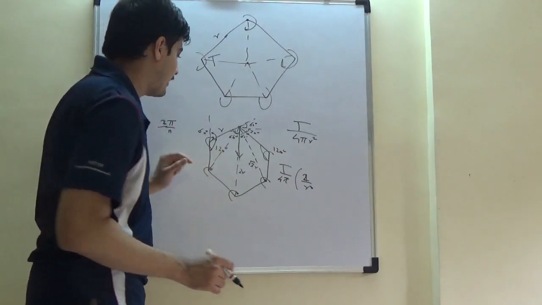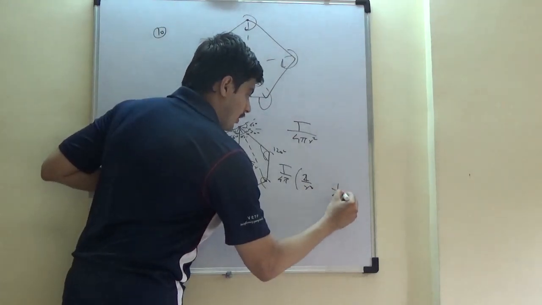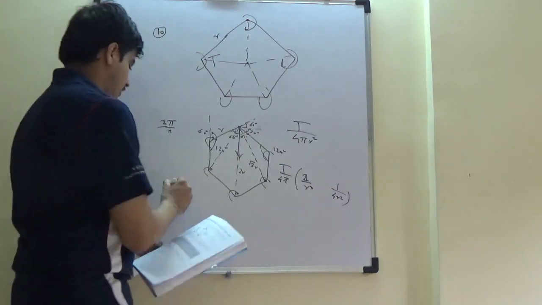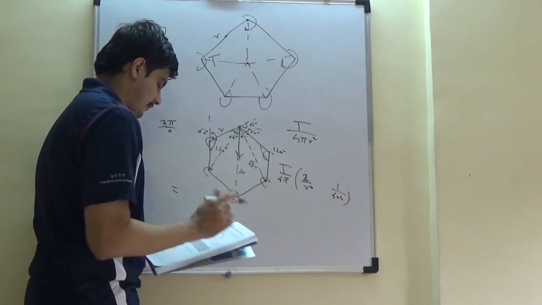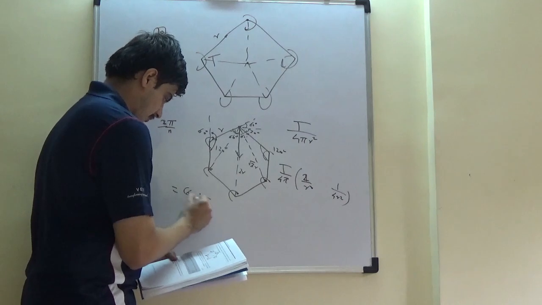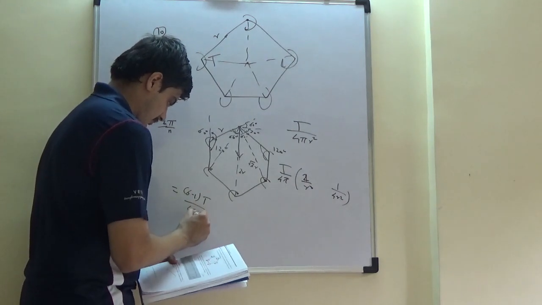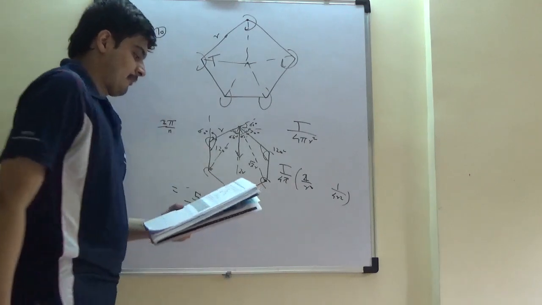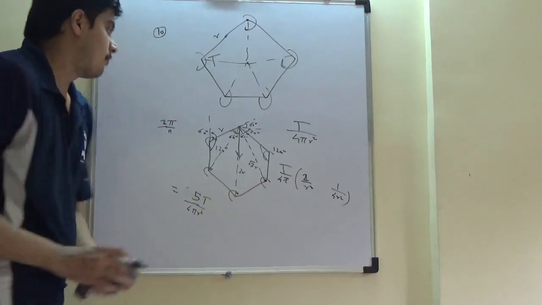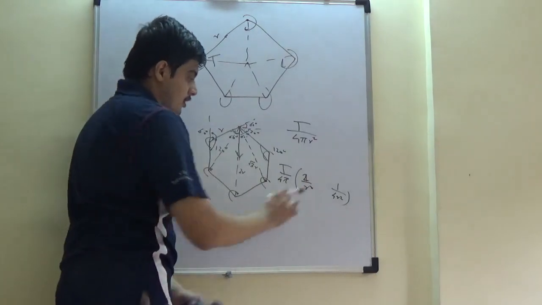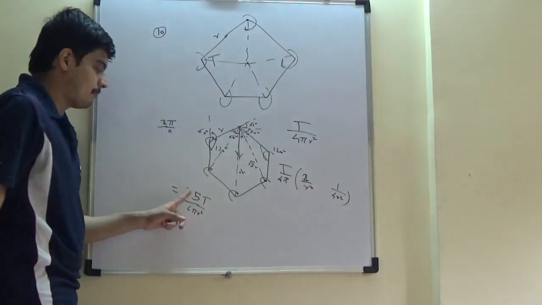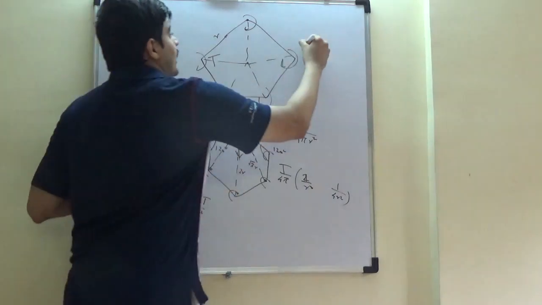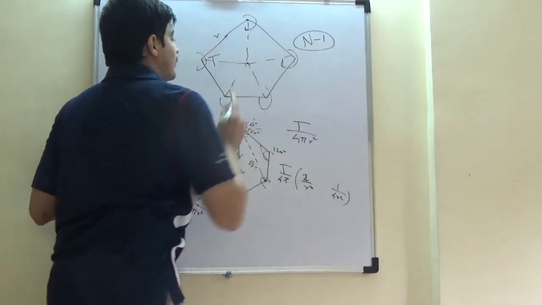This is directly adding 4 r square. So if you sum up, effectively you would get 5 tau by 4 pi r square. This all would get added up to 5. What does this resemble? n minus 1.